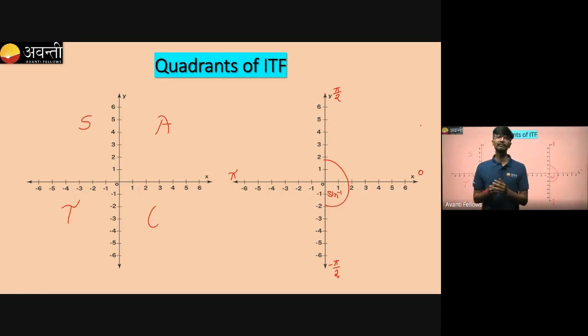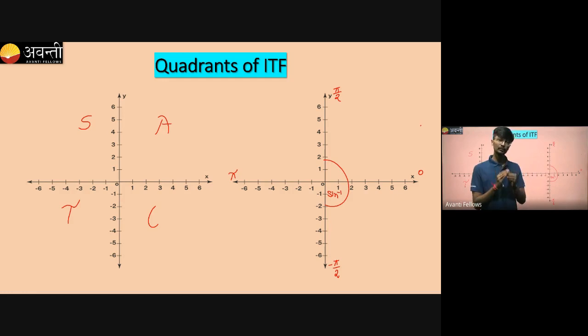If sine inverse gets a positive input, then which quadrant will I see for output? First quadrant, because for positive input, the output will be positive. If sine inverse gets negative input, suppose minus half, minus root 3 by 2, then which quadrant will I see? Fourth quadrant, because in the fourth quadrant, sine is negative. So we have to see first and fourth quadrant for sine inverse.